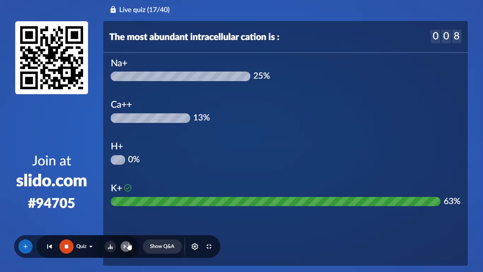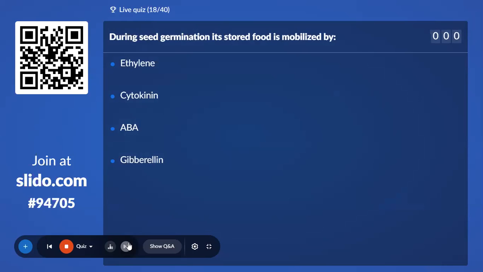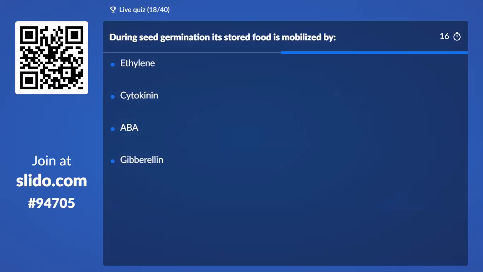18th question on the screen. During seed germination, its stored food is mobilized by option A, ethylene, option B, cytokinin, option C, abscisic acid, and option D, gibberellin. We have 15 seconds remaining.